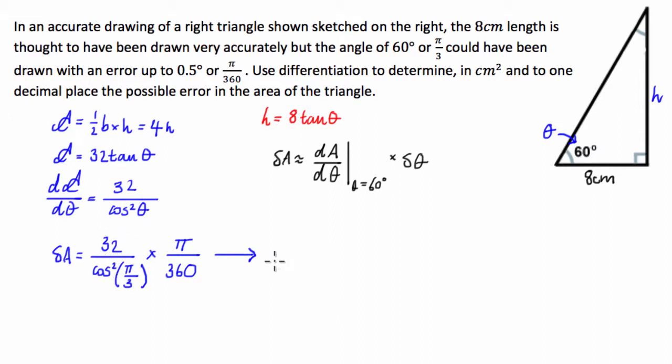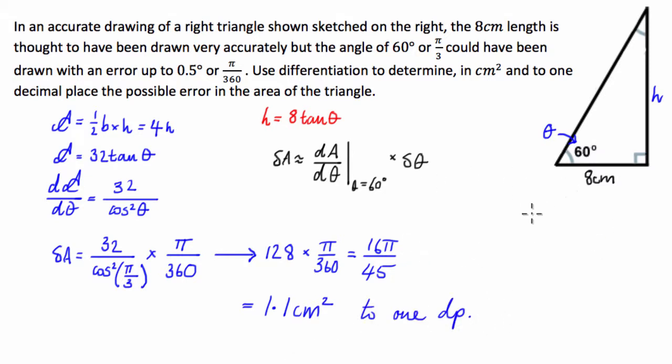So that first bit is going to be 128 times pi on 360, which we can simplify to 16 pi on 45, which is finally equal to 1.1 centimeters squared, and that's to 1 dp.